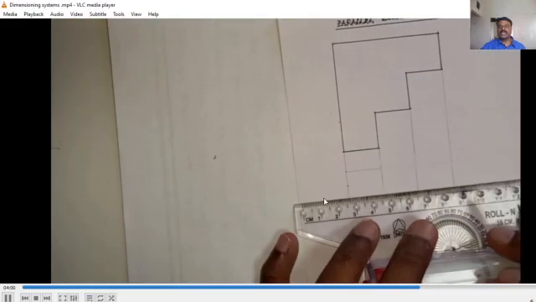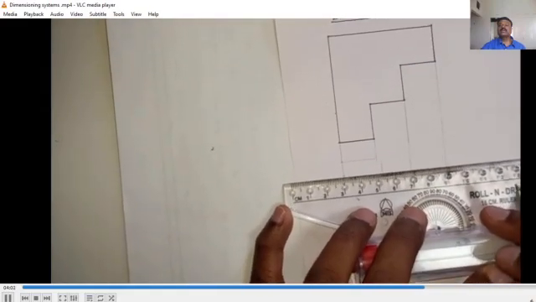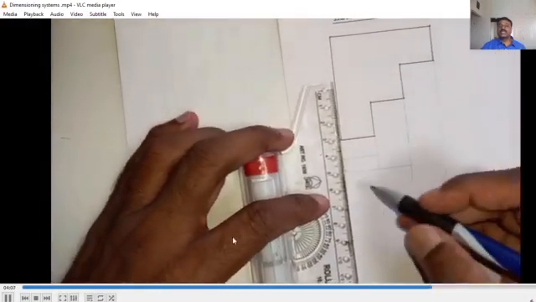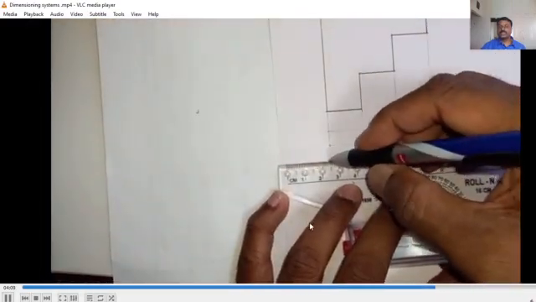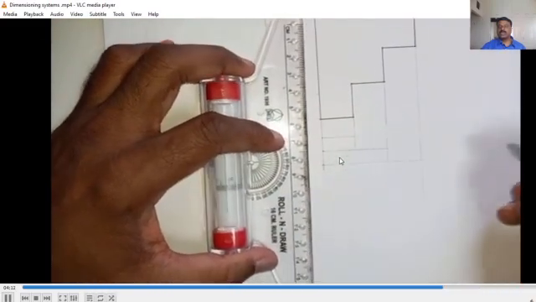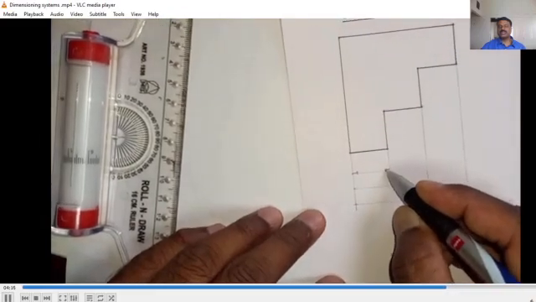Next you have to leave 8 mm for the second dimension line. Draw like this. Similarly for the third, once again you have to leave 8 mm space. Draw like this. Remember, all the dimension lines must be made parallel to the previous one.